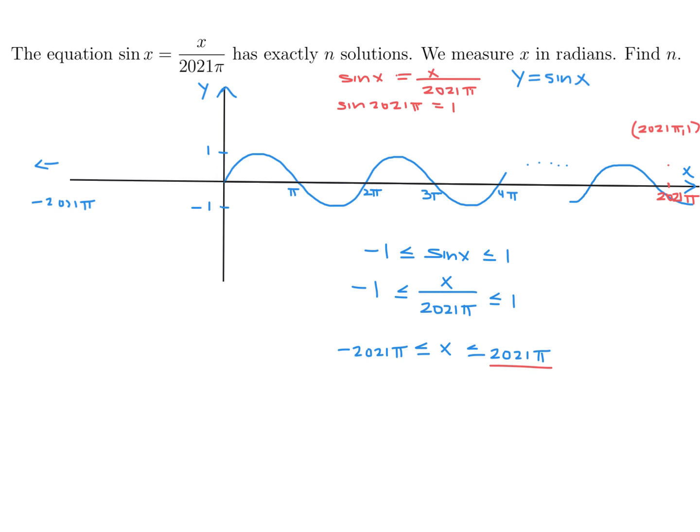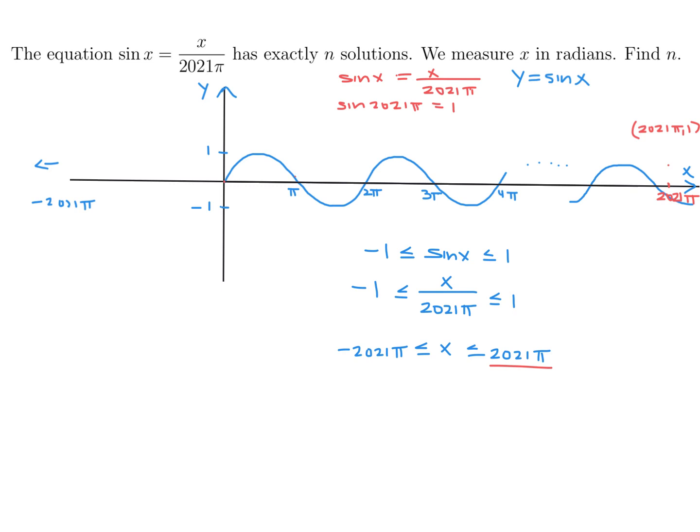Because whatever positive value of x you put in, it's going to make the y value positive. So for example, when x is 0, you're going to have 0. And when x is pi, you're going to have some very small fraction. It'll be here, but it'll be positive.